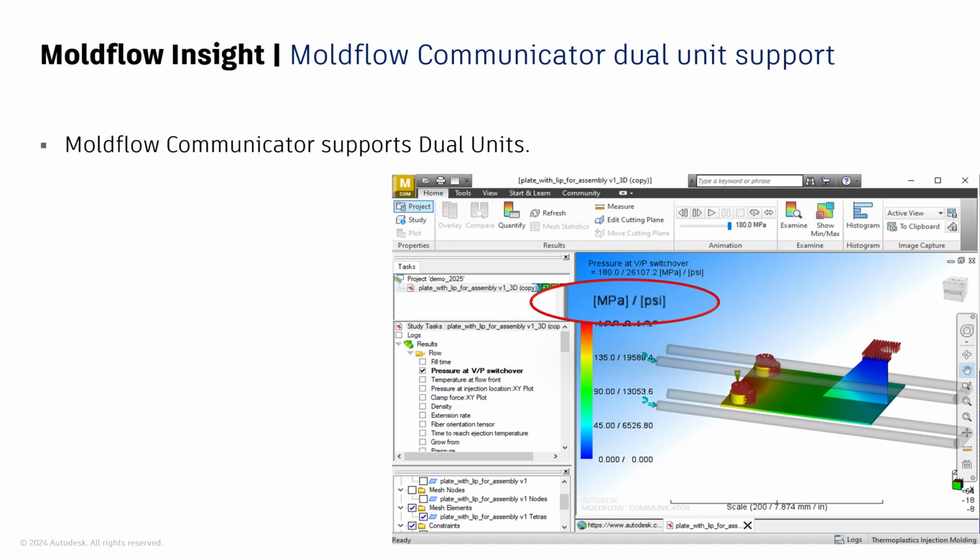When we go into Europe or North America or other geos, they probably like to use the PSI unit, and I usually like using MPa. So it's better to have dual units, and that is possible with the 2025 Communicator.